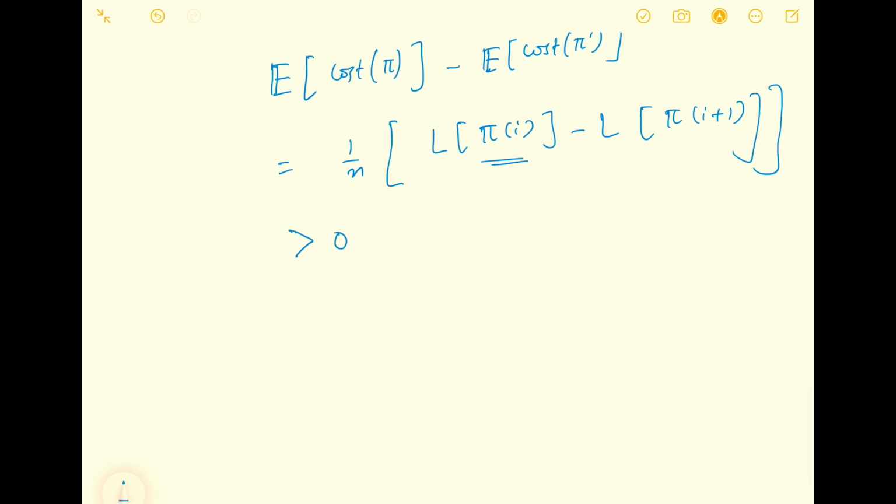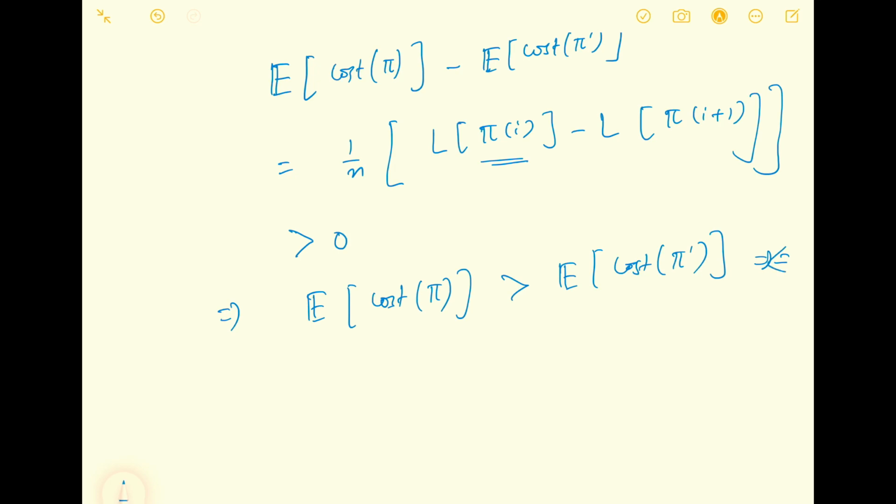And hence, what we get is expected cost of pi is strictly more than expected cost of pi prime, which is a contradiction. That contradicts our assumption that pi was a permutation which gives the least expected cost.